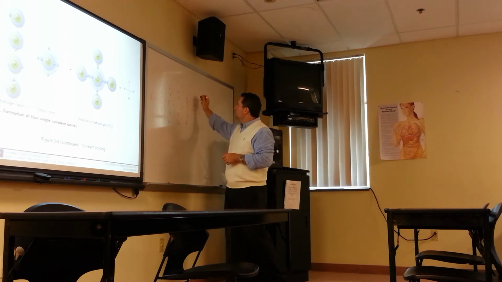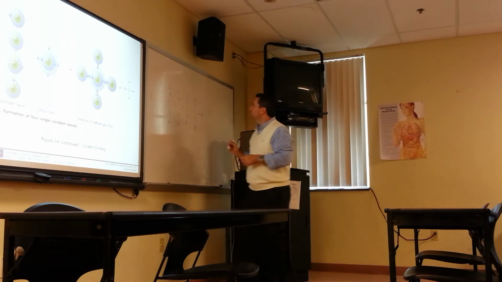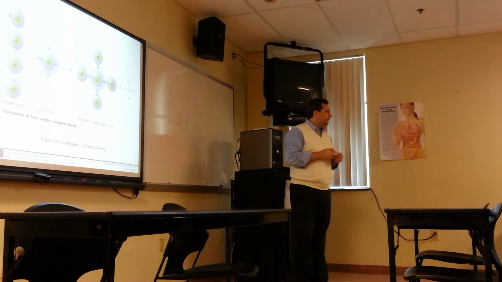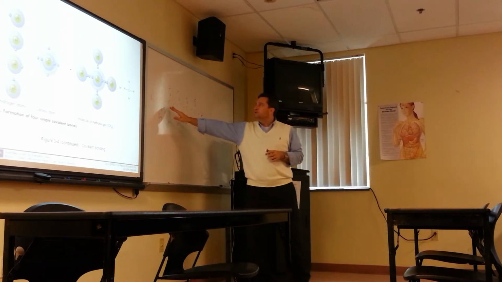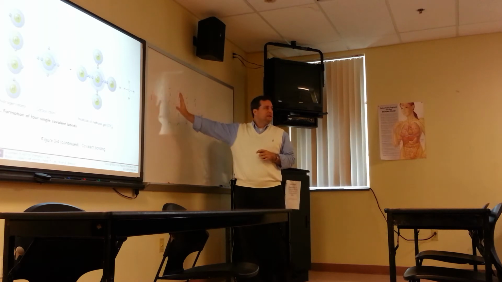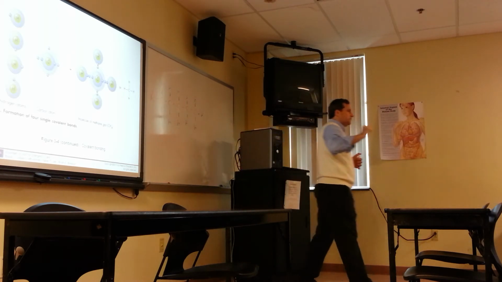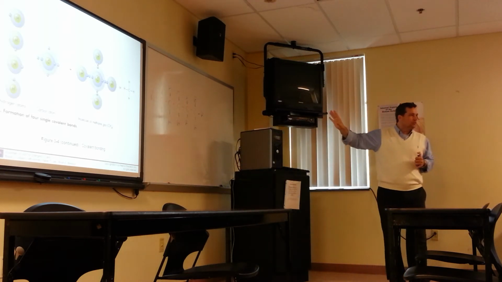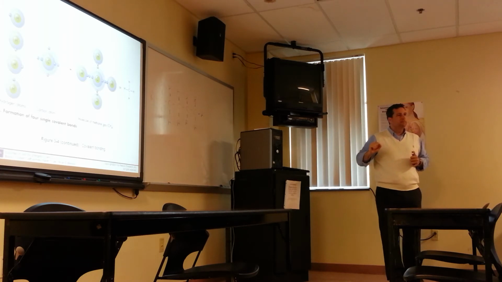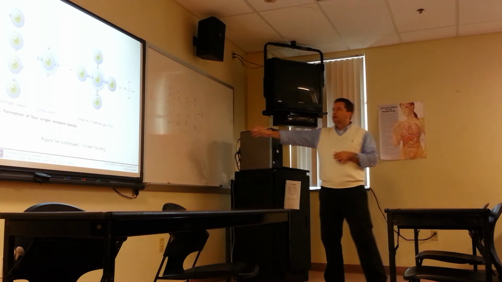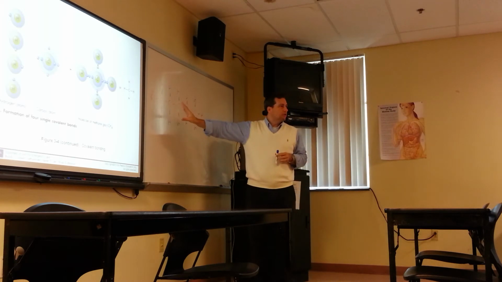And I brought this up when we were talking about the fats. I said that these carbons have a complete number of things attached to them. They are completely saturated. So this is what the chain of a saturated fat would look like.